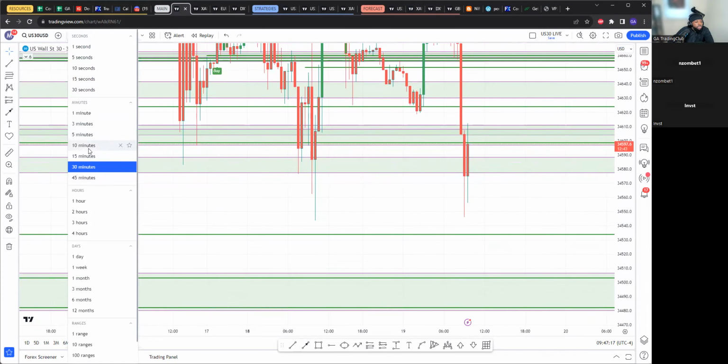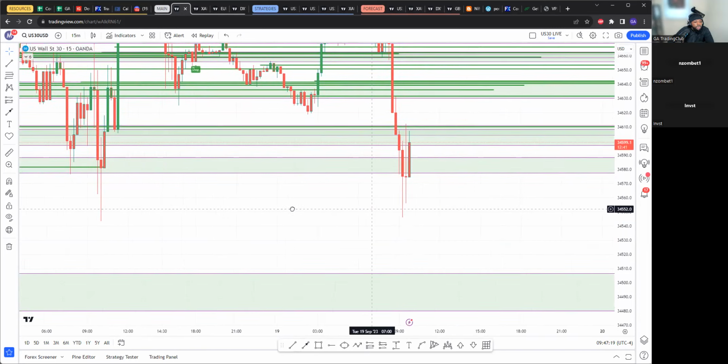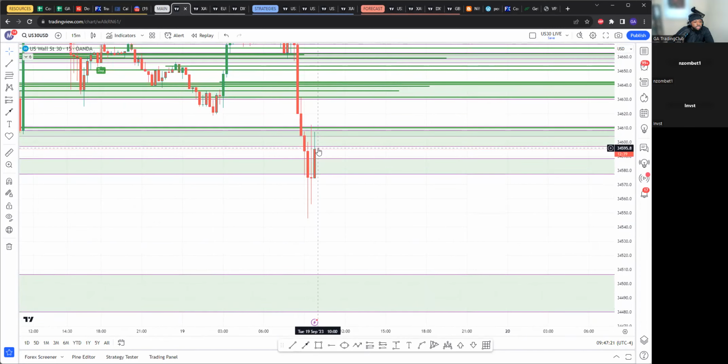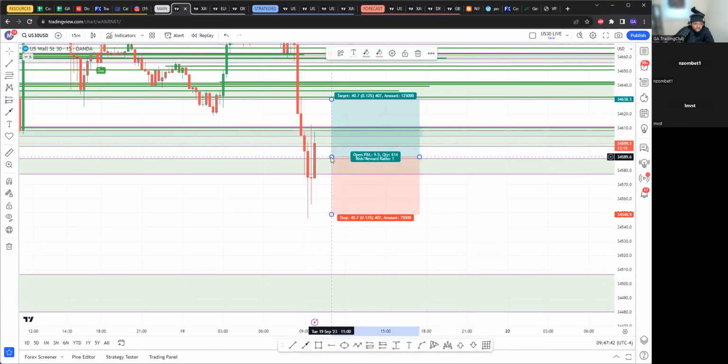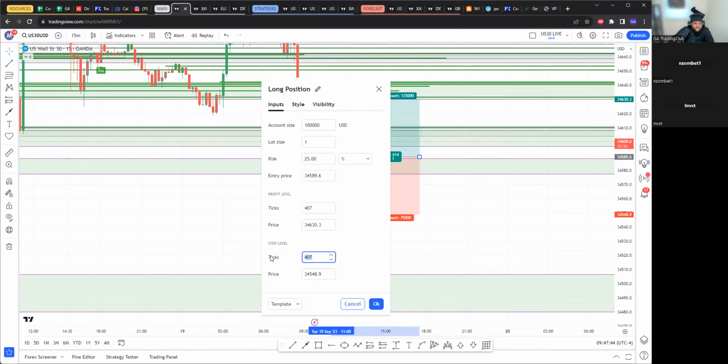So on the 15-minute time frame, this can be a break, because this is a triple SAR zone right here on the 15-minute time frame. So this can possibly be a break and continuation. So even in this instance, for this particular trade, we would have to wait for another 27 minutes. So possible US 30 trade right there.